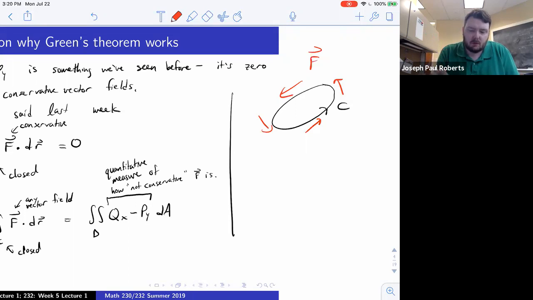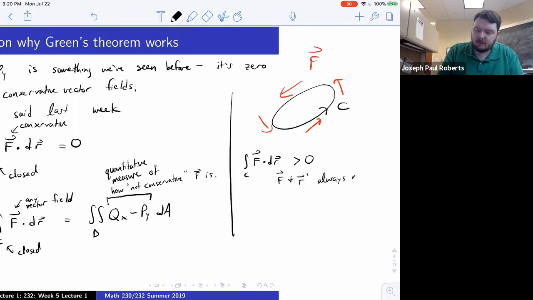And so notice that in this picture that I just drew, F dotted with dr is positive because F and r prime always make an acute angle. Because remember, F dot dr, the way we actually go to calculate it is we do F dotted with r prime dt and do some integral from a to b.